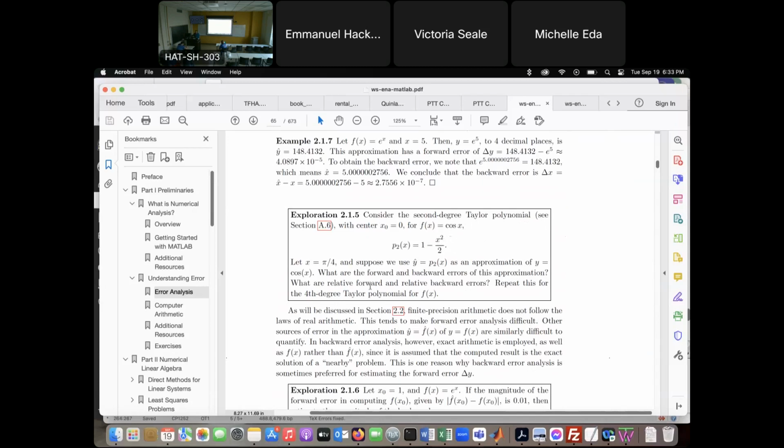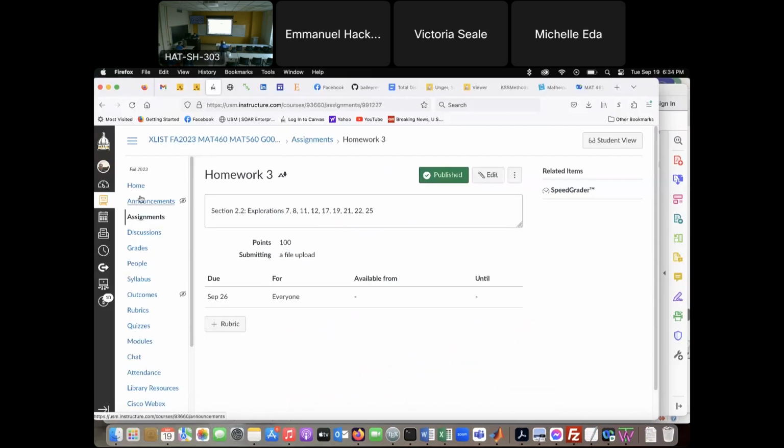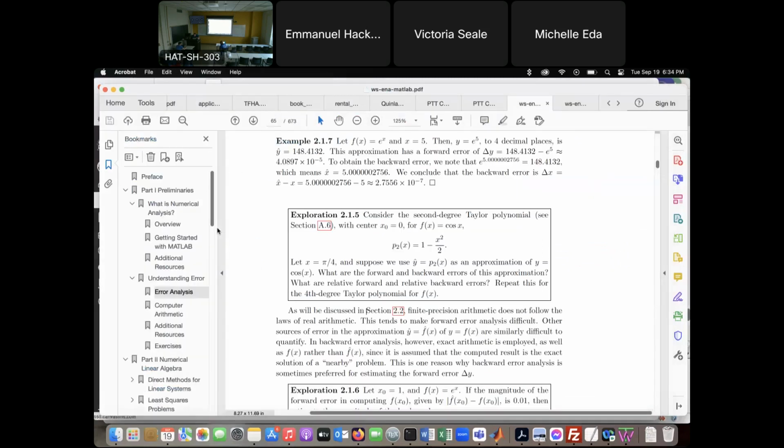What you should find is that for the fourth degree Taylor polynomial the error is smaller, because that's a better approximation.